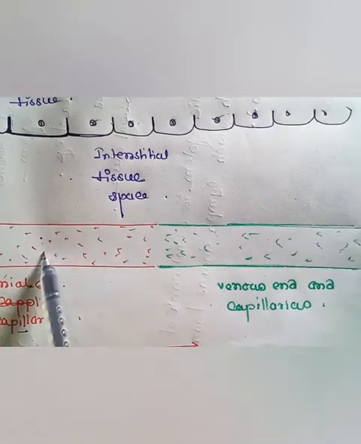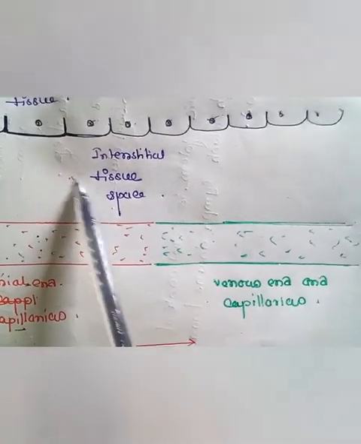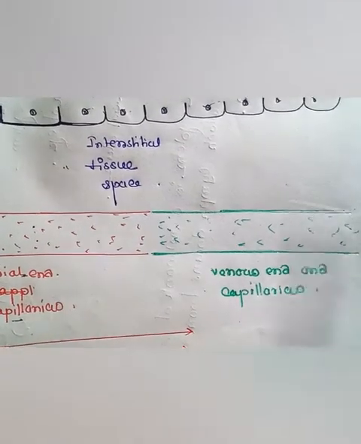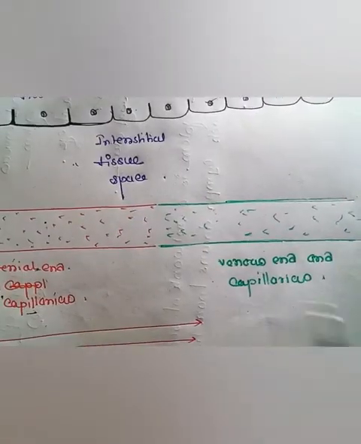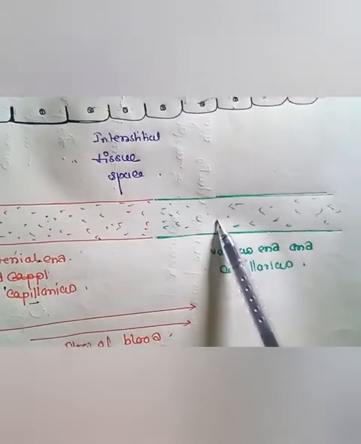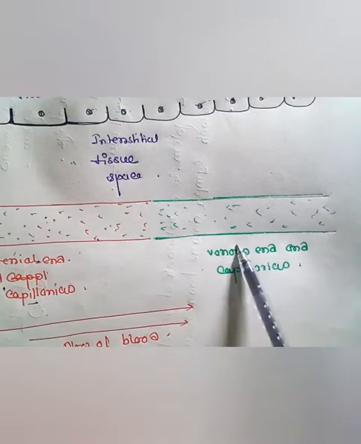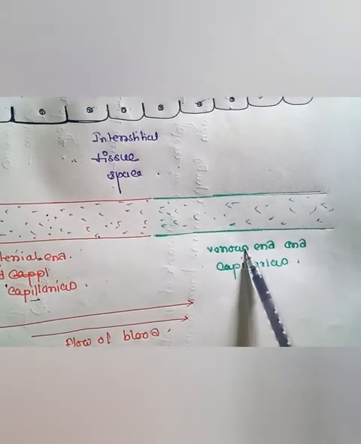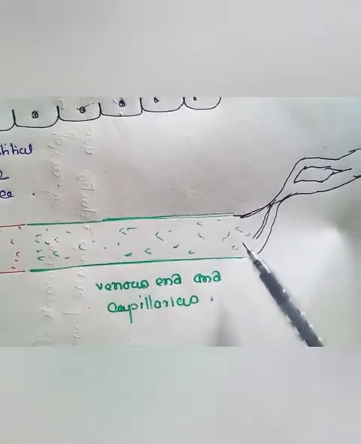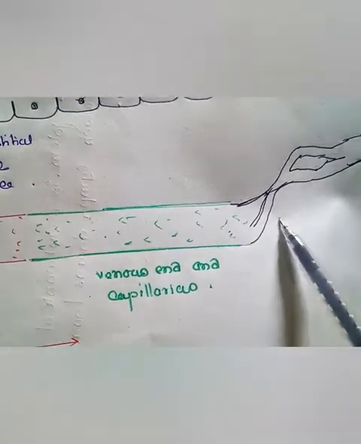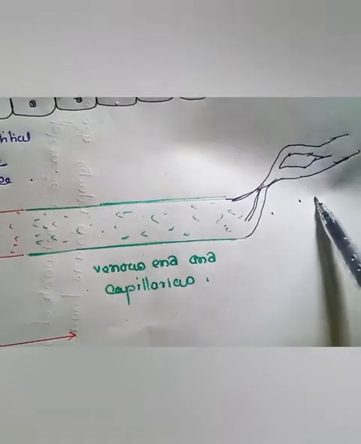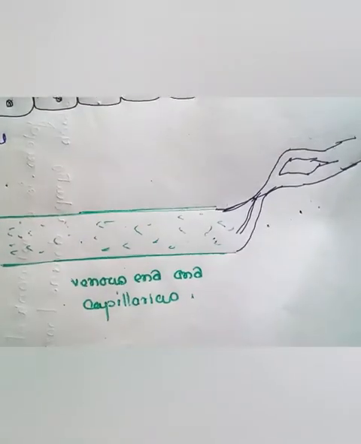These capillaries go into the tissue to give nutrition like oxygen, glucose and other nutrients. And we all know the capillary ends of the veins all join together to form a venule, and this forms a single vein.